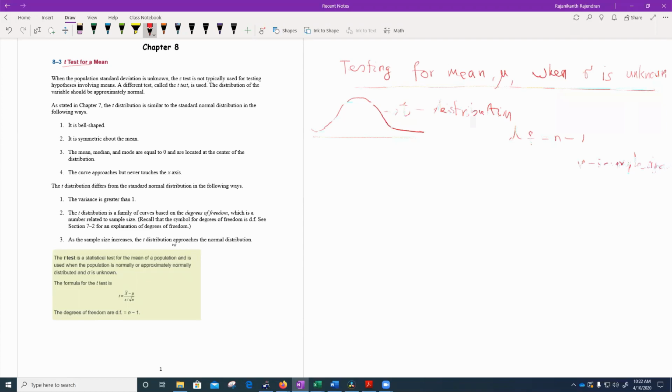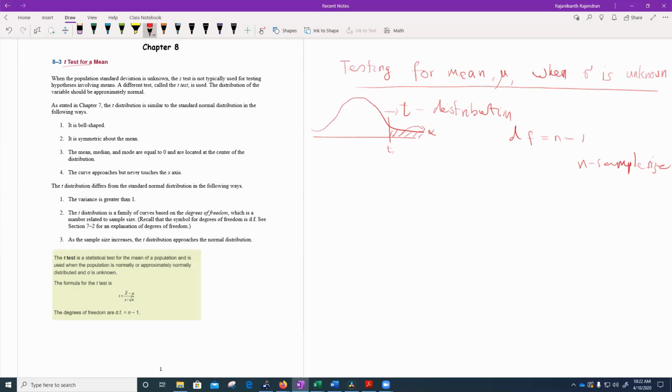If you want to use the table, remember, it will give you the right area now, unlike the z distribution, which gives you the left area. Here, if you want to use the table, you have to plug in the right area, okay? Other than that, everything is much similar to the z distribution, okay?